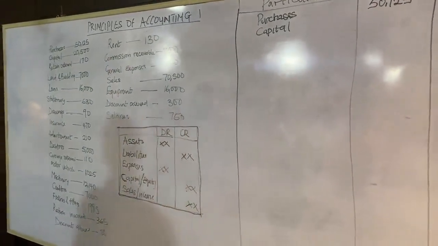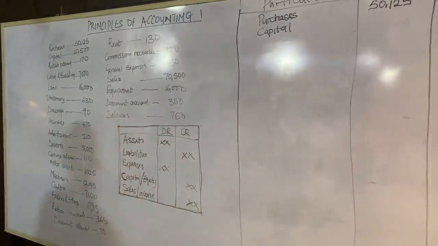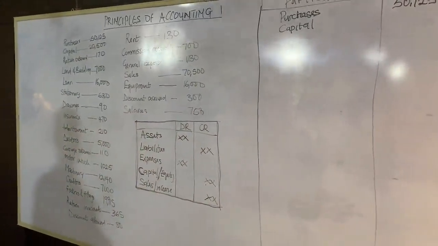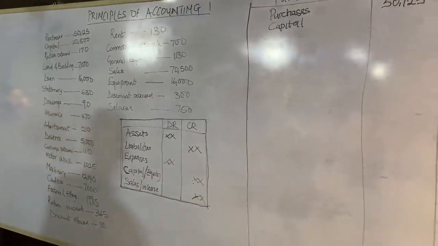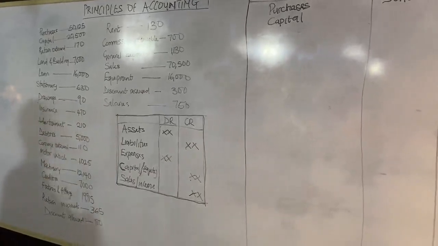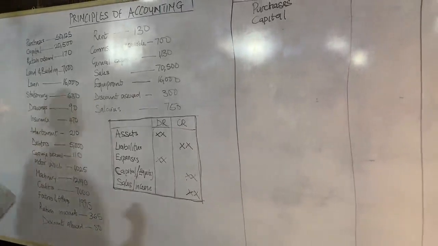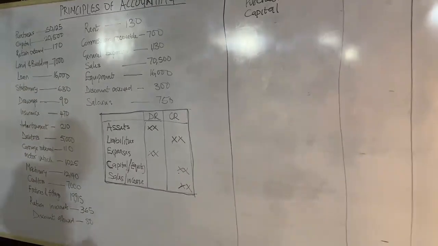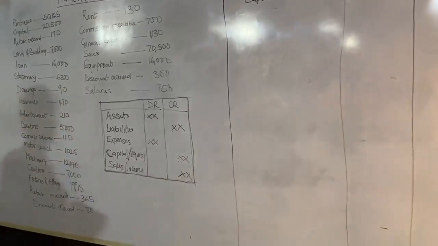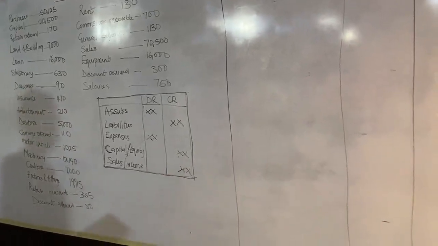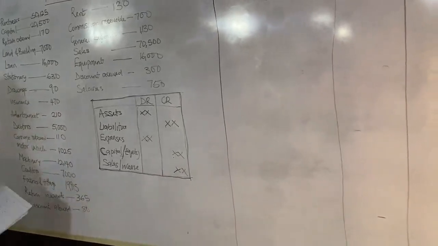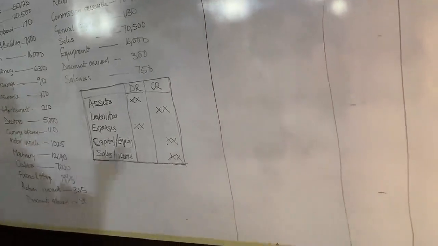When you are returning goods outward, it means that when you purchase some goods and you discover that they are not good, or it's not what you ordered, you return it. First of all, you purchase it, and you can see purchase is on the debit side. So when you are returning it, it will be at the opposite end.